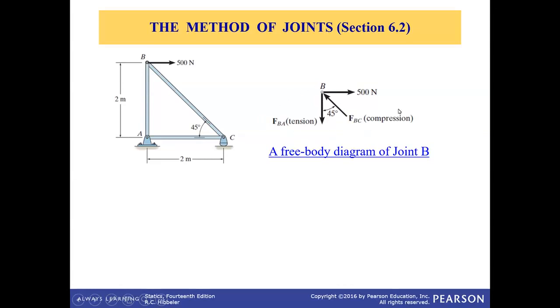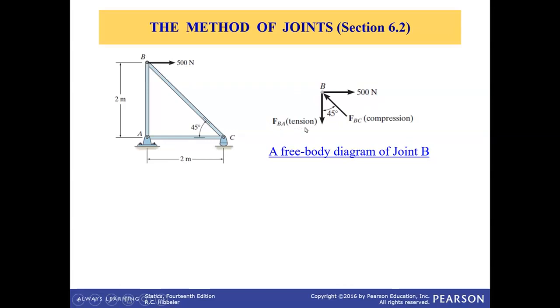And then it's a simple two-dimensional force analysis problem where we have two unknowns, FBA and FBC, and we can apply three equations of equilibrium, that is, sum of the forces in x equal to 0, sum of the forces in y equal to 0, and sum of the moments about B equal to 0. By applying those equations, we can calculate the value of both FBA and FBC.